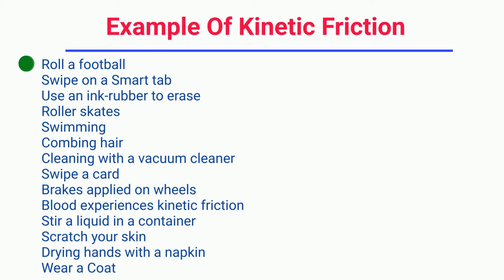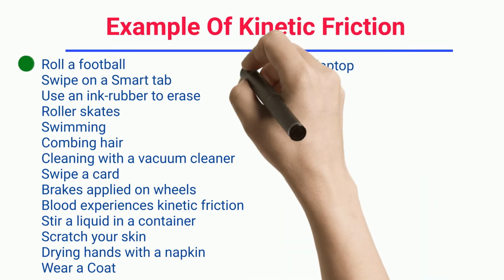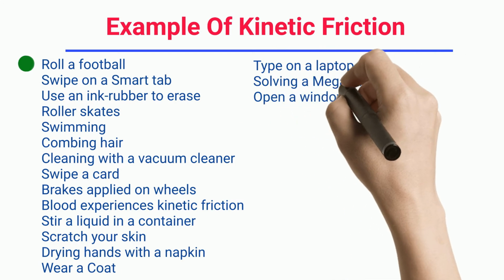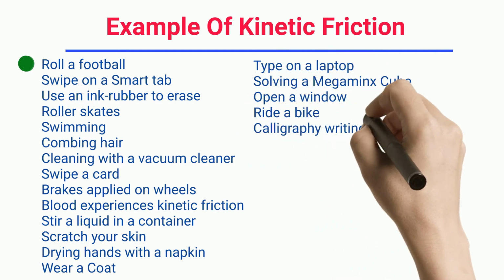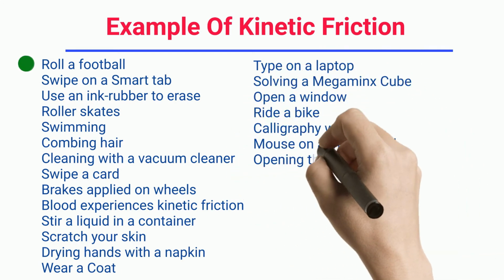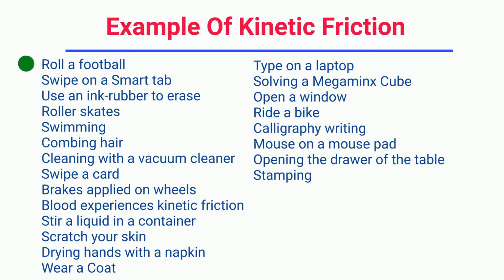Stir a liquid in a container. Scratch your skin. Drying hands with a napkin. Wear a coat. Type on a laptop. Solving a Megaminx cube. Open a window. Ride a bike. Calligraphy writing. Mouse on a mouse pad. Opening the drawer of the table. Stamping. Roll a football.